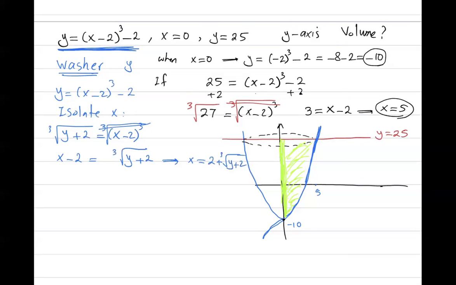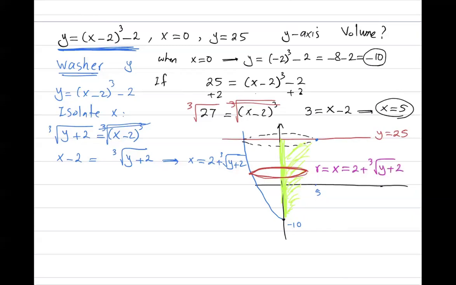Very good. So if we look at the cross section here, the cross section behaves like this, and your radius is located at x equals 2 plus the third root of y plus 2.